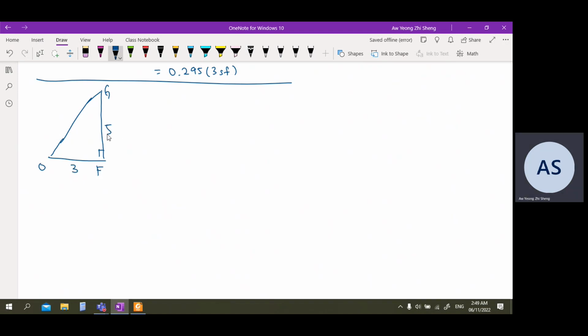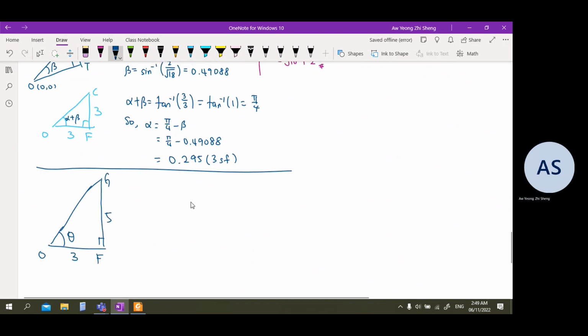OF is 3 units, GF is 5 units. Let's call this theta. So theta will be inverse tangent of 5/3. And that gives me 1.03 to 3SF.